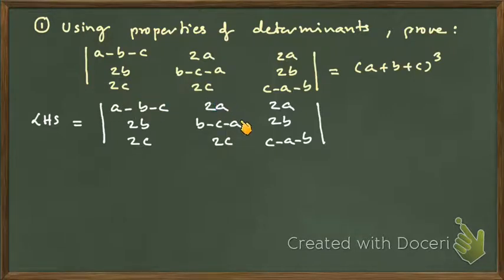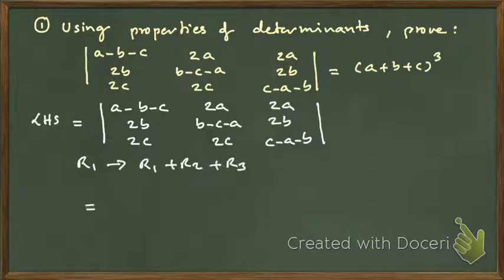And this 2A and minus A will make it A. Then B I have, minus C and 2C will make it A plus B plus C. Here again there is 2A and there is a minus A coming from R3. There is 2B getting added there, but there is a minus B coming from here, makes it plus B, and then there is a plus C coming from R3. So R1 is going to be A plus B plus C.